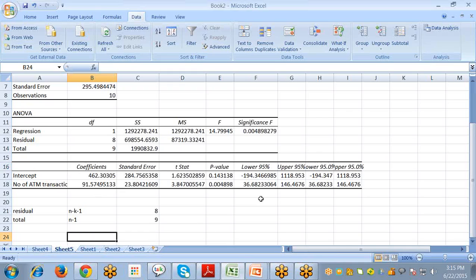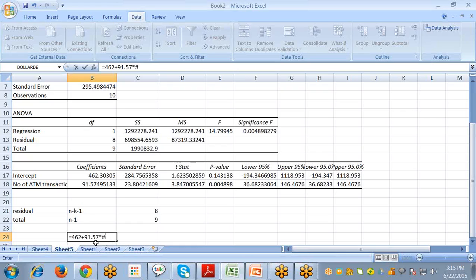So it says that the account balance will be 462 plus 91.57 times the number of transactions that have been done. That means we are calculating for every transaction.